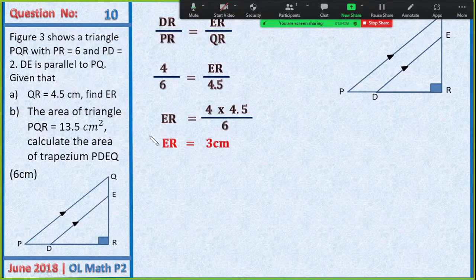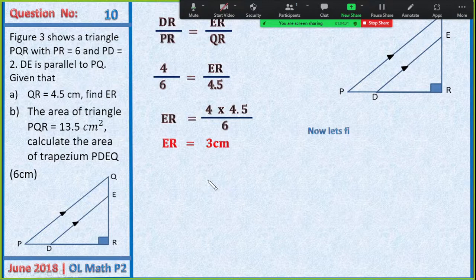Now find the area of PQR. The area of triangle PQR, that's the big triangle, is 13.5 centimeters squared. Calculate the area of the trapezium PDEQ. To get the area of this section, we just need the area of the big triangle minus the area of the small triangle.